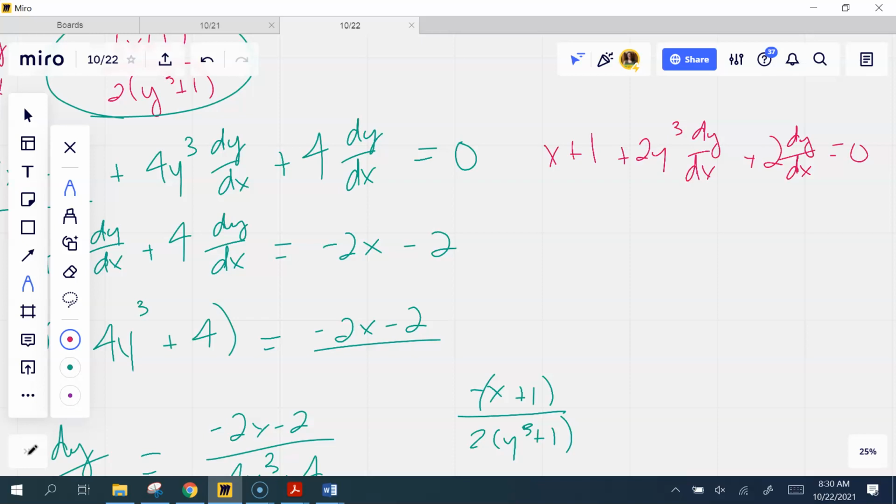They're all different terms. So when you're implicitly differentiating, you always get all the dy/dx terms on one side and everything else on the other, so that you can get it by itself at one time. All right, so 2 points there, y'all okay?